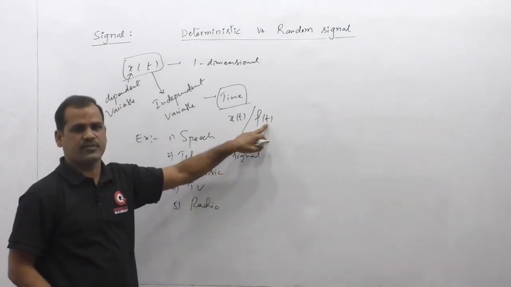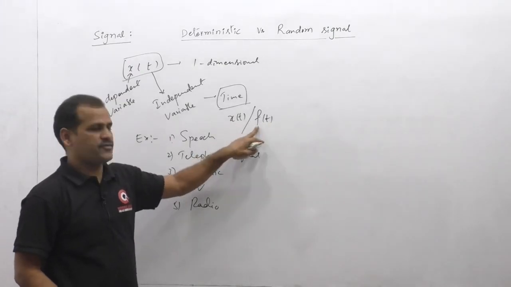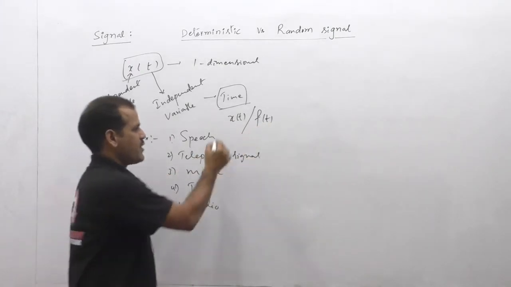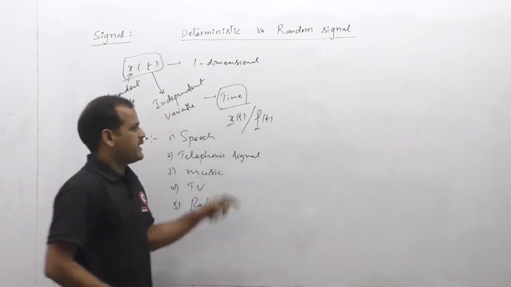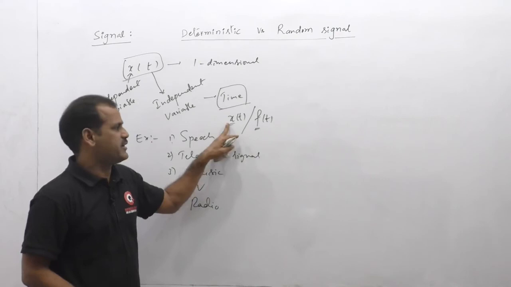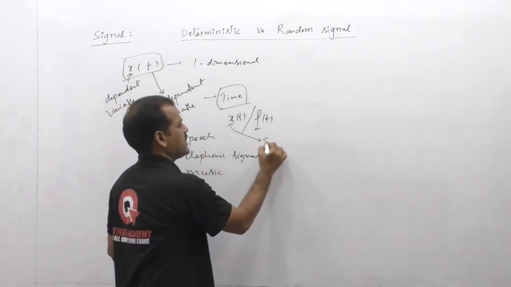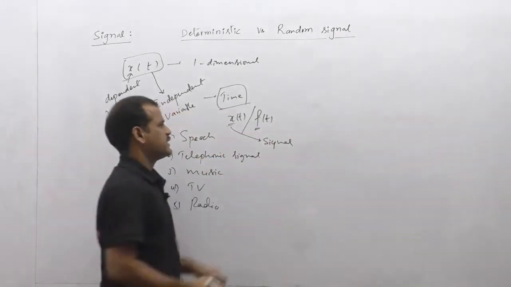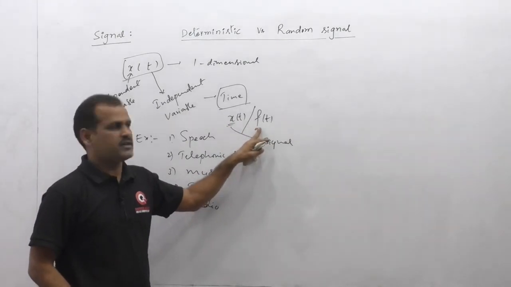This is the time index for this signal, and x or f is the dependent variable. The value of x or f depends on the independent variable t. That's why this is the dependent variable, and x or f is the name of the signal.